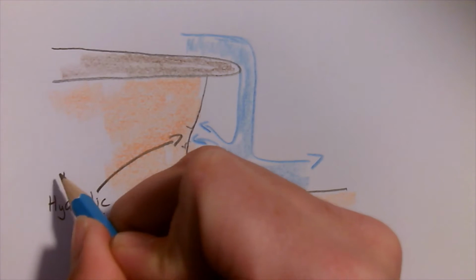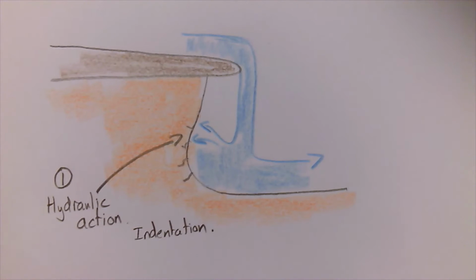And we can say that this is the first stage of our waterfall formation. What does the hydraulic action acting on the soft rock create? Wael? Yes, an indentation. Well done.